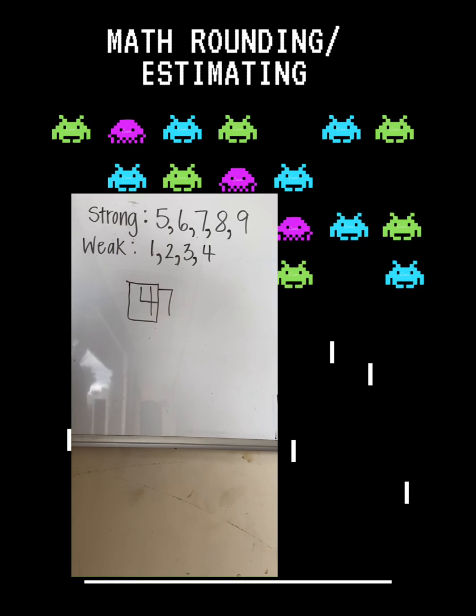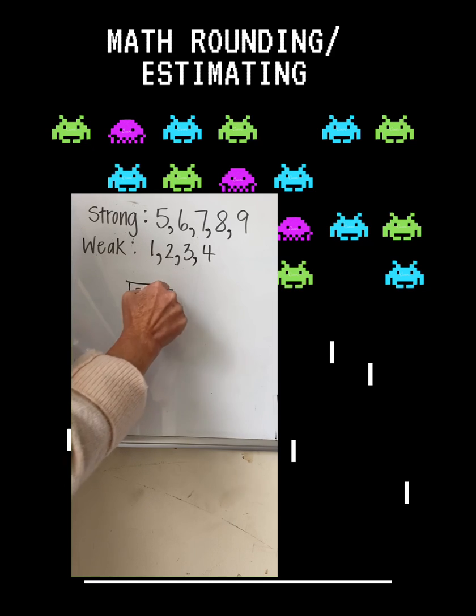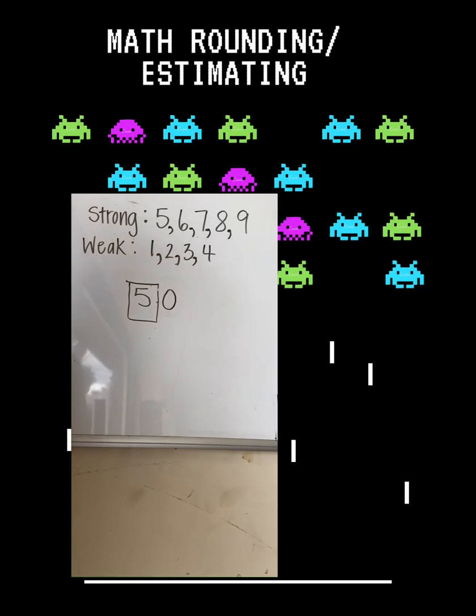The way I remember it is 5 or more, let it score. So because it's a strong number, you're going to let this number score. We're going to go up 1. So that becomes a 5, and then we change this to the 0. So if you have the number 47, your number would round to 50 if it was rounding to the nearest 10.